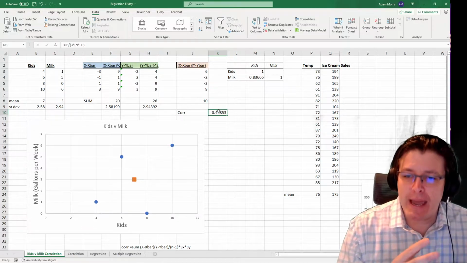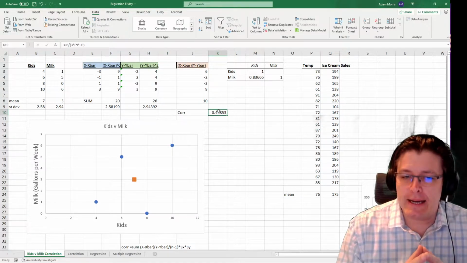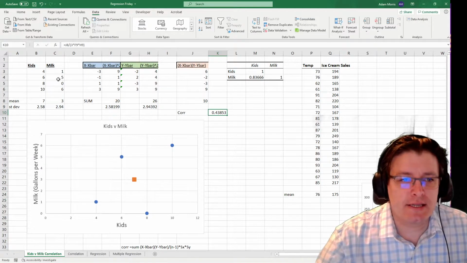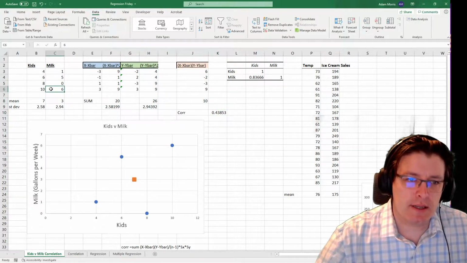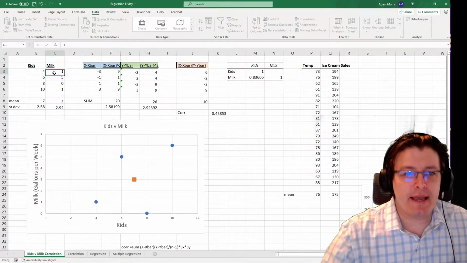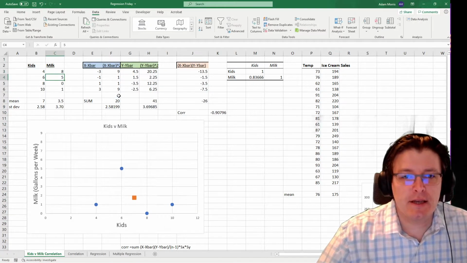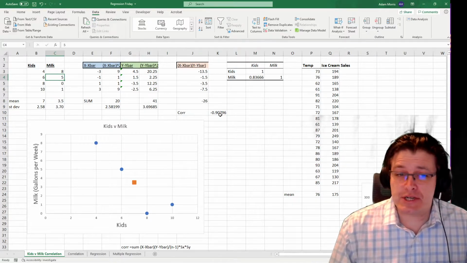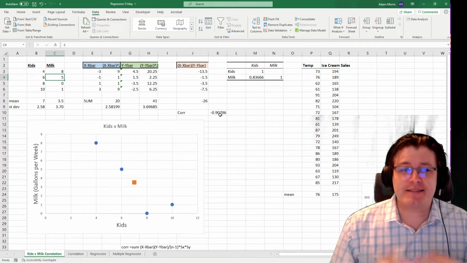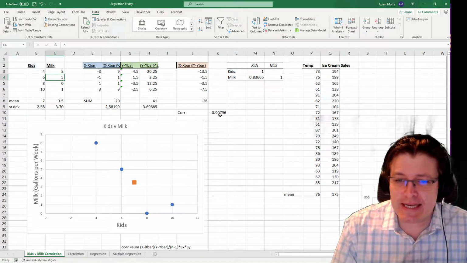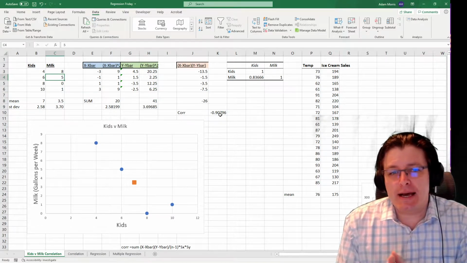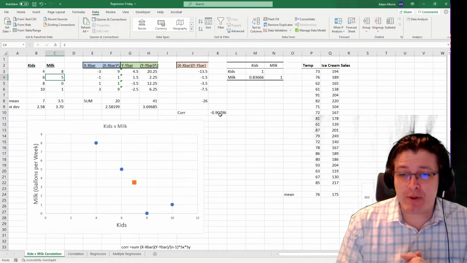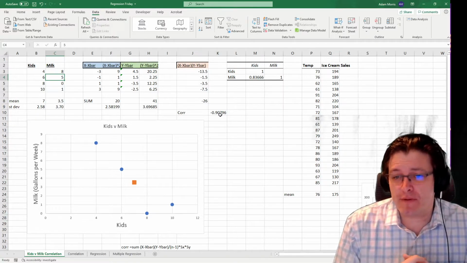But the concept remains, and I think it's worth at least mentioning that when we find a correlation, it's dependent on our sample, and we could take this to, let's see. So maybe if I had something like this, I can switch it around a little bit, and all of a sudden I have a negative correlation. Okay, so I've obviously chosen that specifically to manipulate the data, but the point remains that we could take a different sample, and it could lead us to a different result.